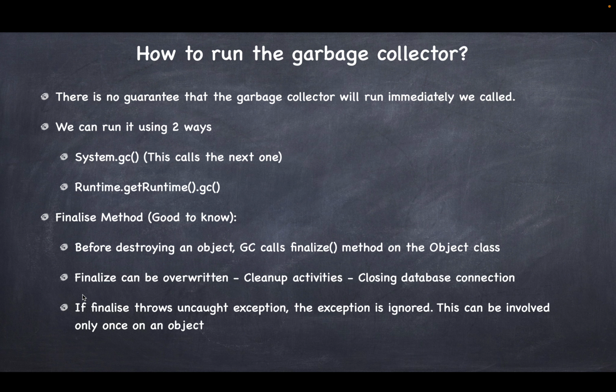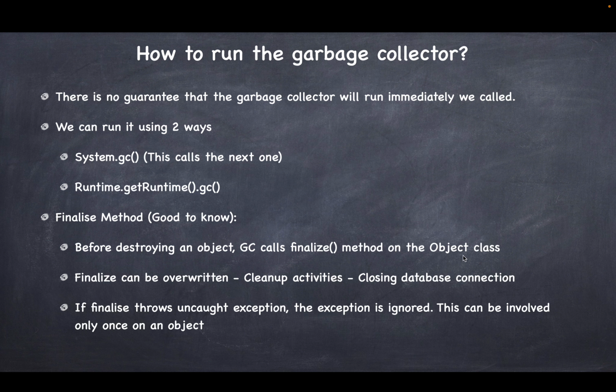One more notable thing to know is that this method will be called only once for an object. Very important to know when we talk about garbage collection, which is nothing but the finalize method. When an object is going to be destroyed, the finalize method will get executed. It is present in the Object class, which is the superclass in Java.